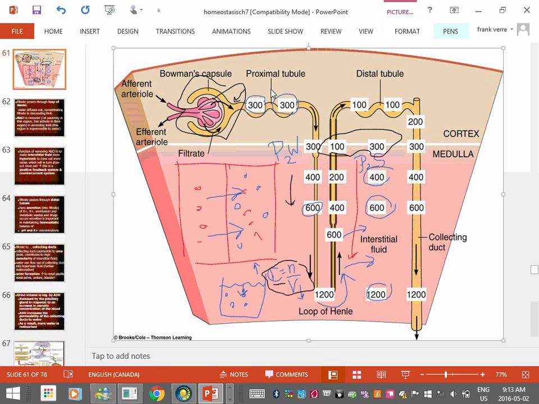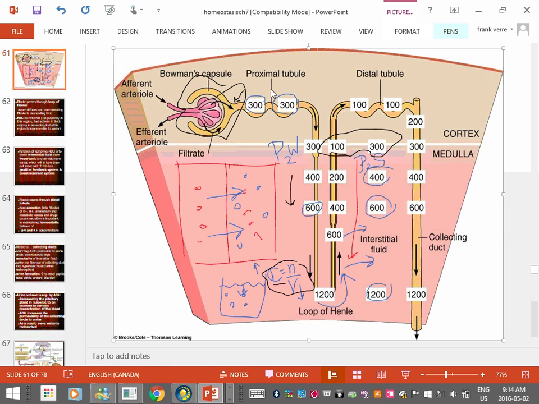Which makes sense because in biology, do you really want to get rid of sugar? What does sugar represent? Think back to chapter 2. What does sugar represent? Right, it's fuel for respiration. So you don't want to get rid of it. But the problem is if you have type 1 or type 2 diabetes and you're not using proper medication, too much sugar ends up going into the nephron.